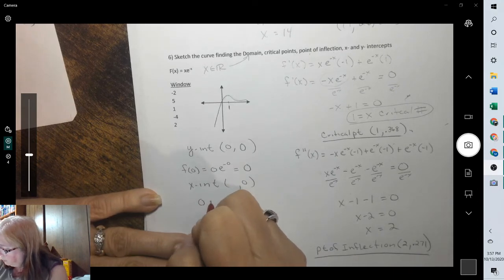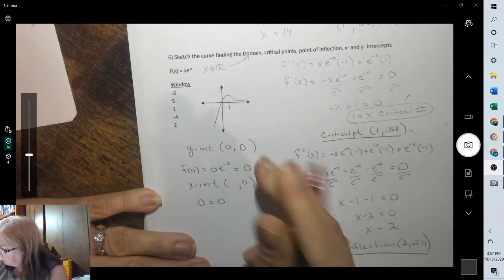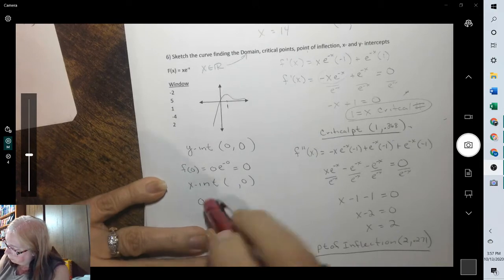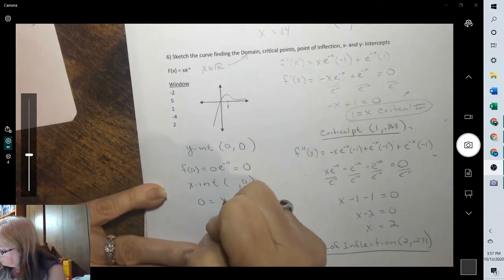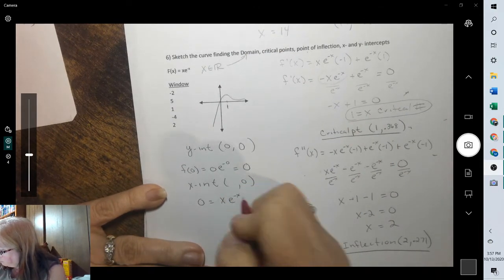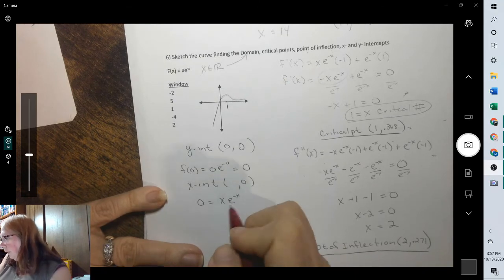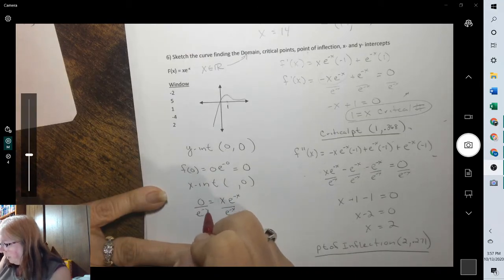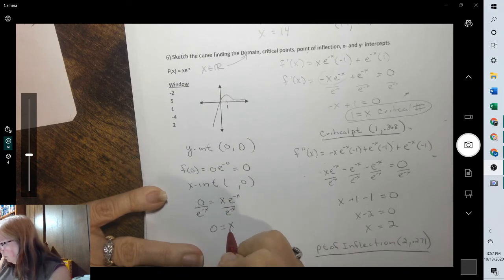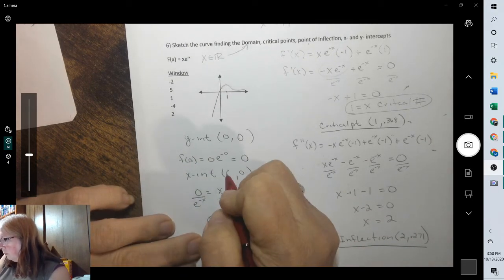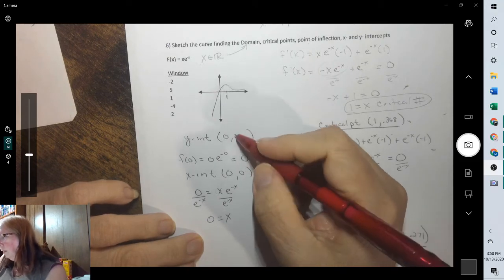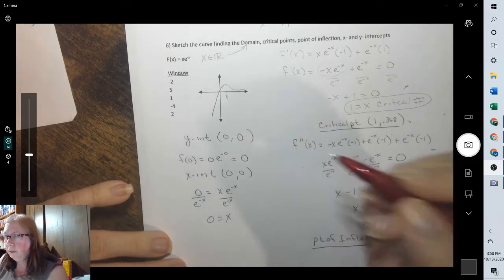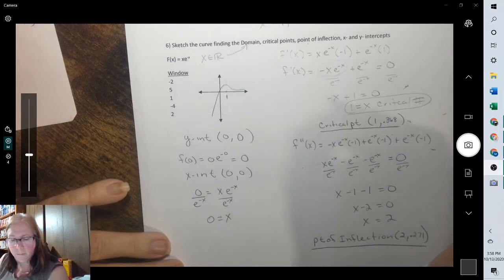So if we set this equal to 0, we know that e to the negative x can never equal 0, so we can divide by it, which means 0 is x. So it's just giving you the same thing. If the origin is your x-intercept, it's also the y-intercept.